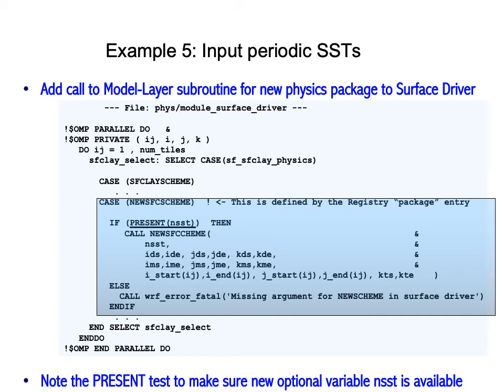That case value, case parentheses new SFC scheme, is an enumerated parameter integer. That variable comes entirely from the registry. We check if present because we said that this was an optional variable. If that variable is present in the call, then we can go ahead and process this brand new subroutine.